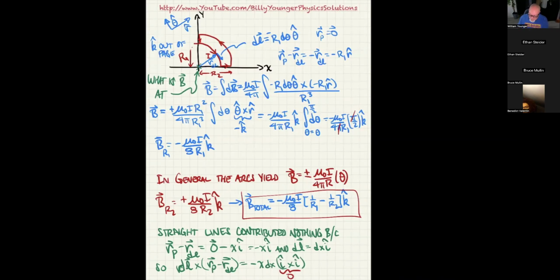So whenever you have a line of current like this one, if that line of current is parallel to the line connecting you to the point at which you wish to know the magnetic field, like this one is and like this one is, then the cross product's going to cancel out to 0, so you don't have to do anything with that.